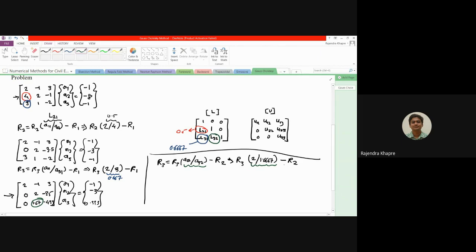Exactly 1.2. So this value is basically 1.2. So this particular element is nothing but 1.2. Clear?